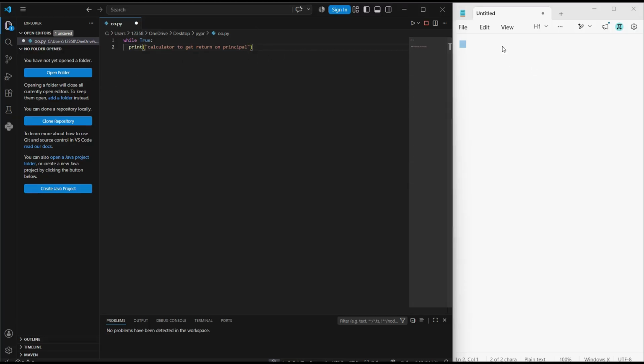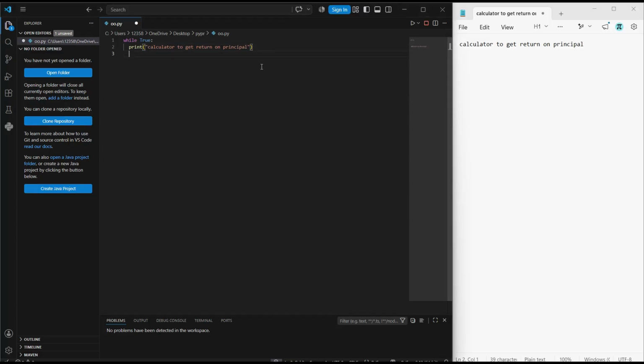Okay, this is the first line that the user is going to see as soon as he opens the calculator. This is the first line the system will print, and the user can see it like that: calculator to get return on principal. Okay, this is the first line.